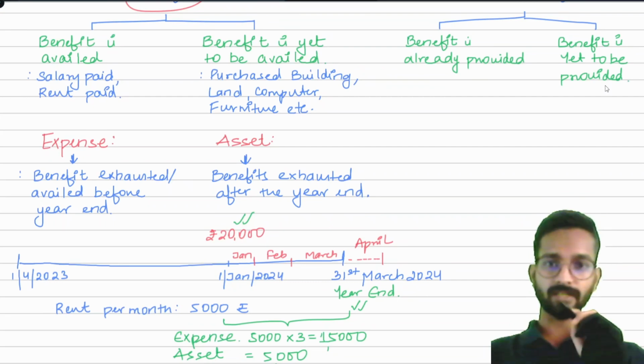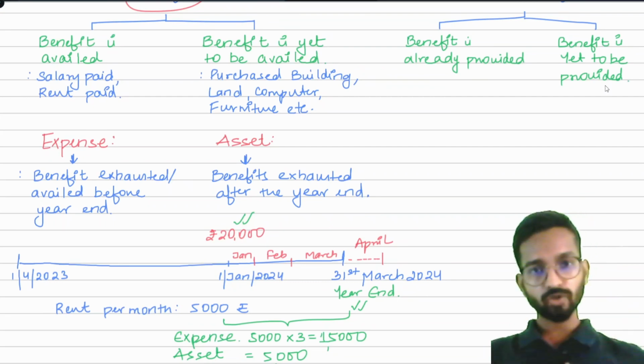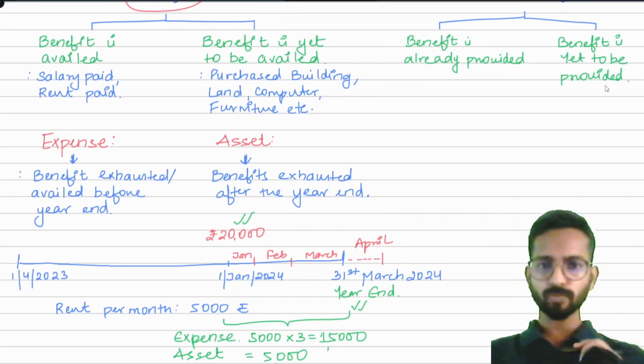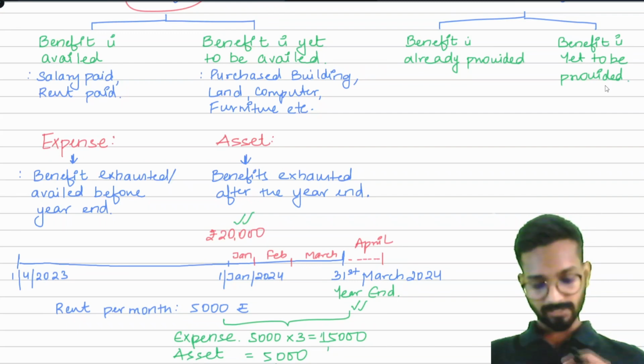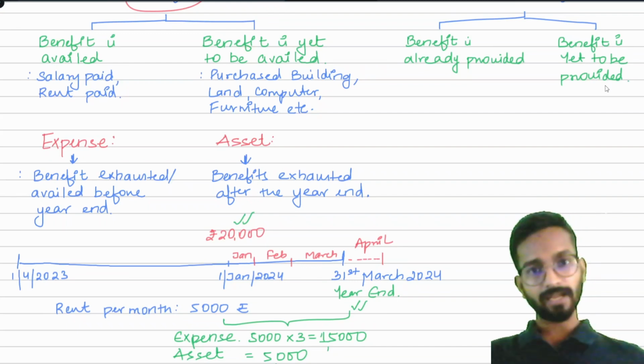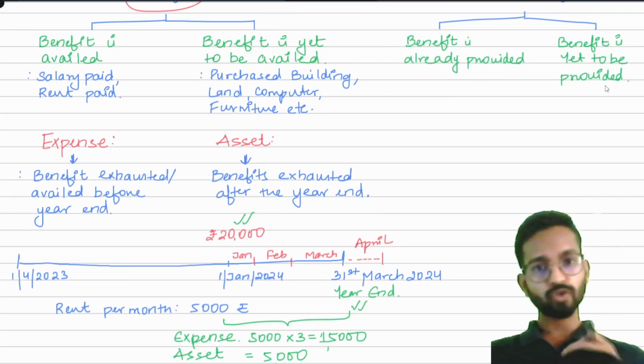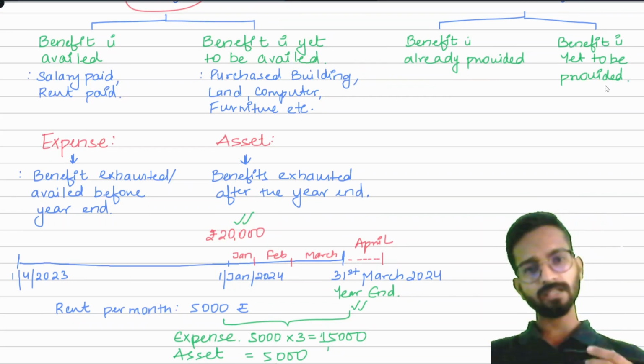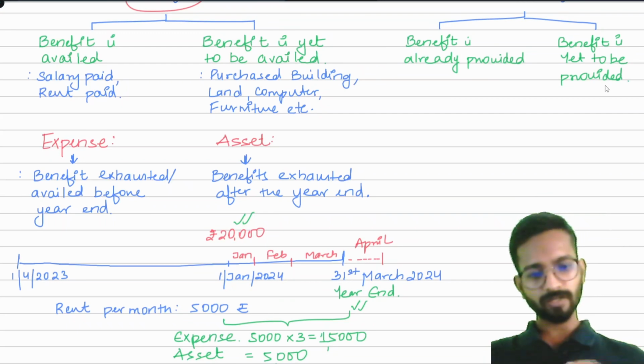Exactly my point. Understand? I have received 10,000 rupees cash, that is okay. But according to me, I am still supposed to provide him tuition services. Correct? If I have to provide the services, I can say that I still have a duty, an obligation to provide the services, or I am still supposed to provide the benefit.